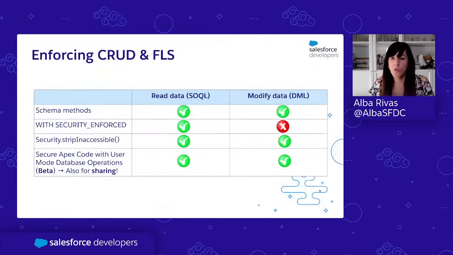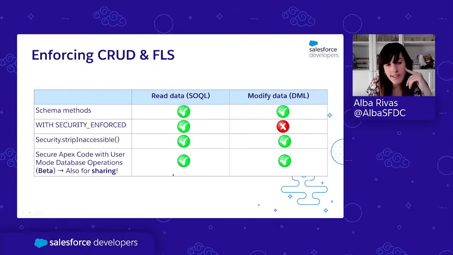Perfect. So let's continue talking about this, and we're going to code live our first thing today, okay? So I told you about these three methods of enforcing object and field level security, but there is something new, it's a beta, and it is called Secure Apex Code with User Mode Database Operations.